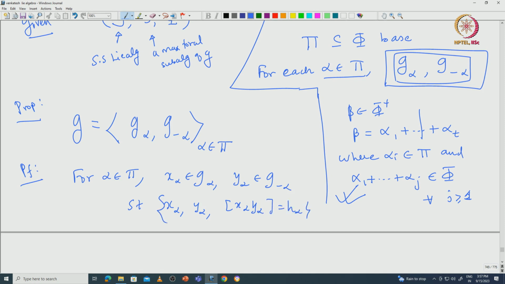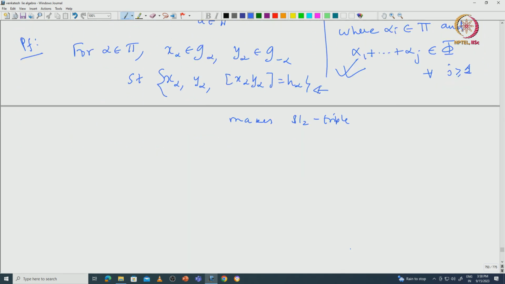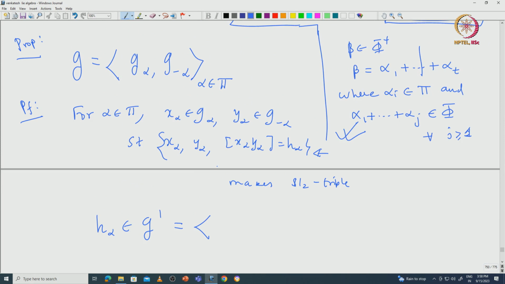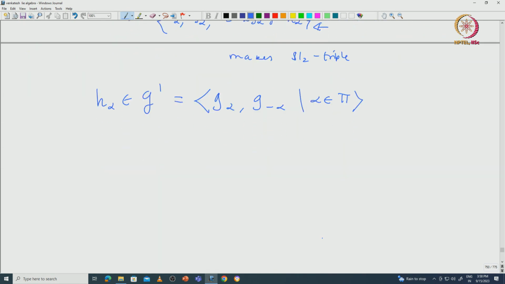So, this makes an SL2 triple. Okay. So, in particular you can see that this H alpha is inside G dash. What is G dash? G dash is the right hand side of this equality, which is the subalgebra of G generated by G alpha, G minus alpha, where alpha is coming from pi. We want to claim G dash is exactly equal to G.